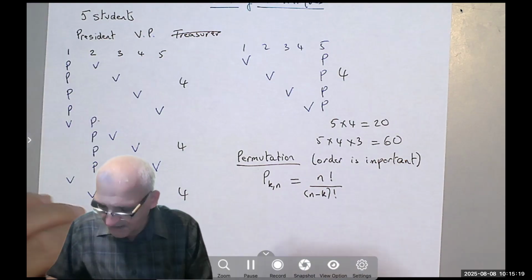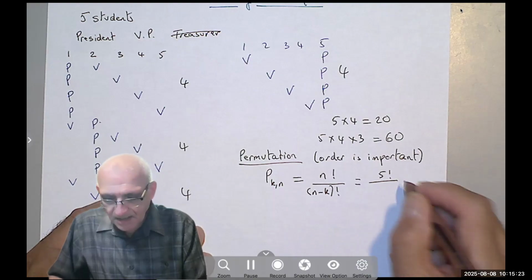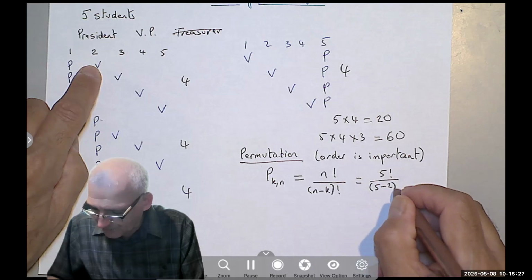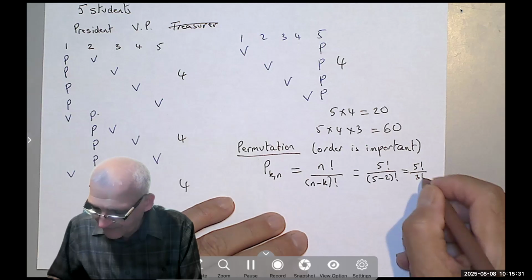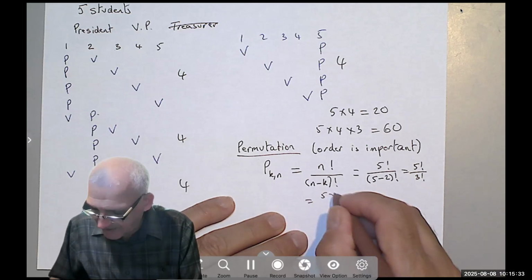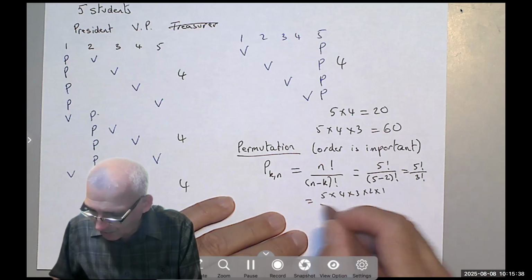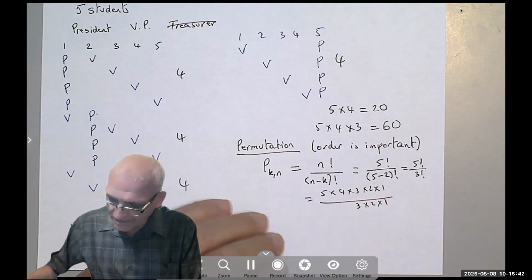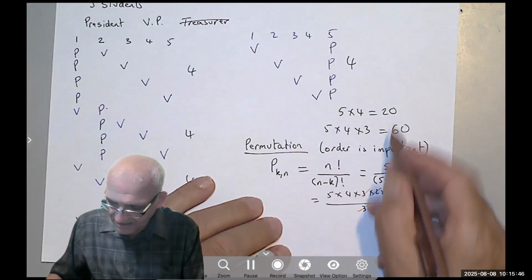So let's apply it here. We have 5 students, so 5 factorial, and we have 2 students, so divided by 5 minus 2 factorial equals 5 factorial over 3 factorial equals 5 times 4 times 3 times 2 times 1 over 3 times 2 times 1. And sure enough, these would simplify and you get 20 as we counted.